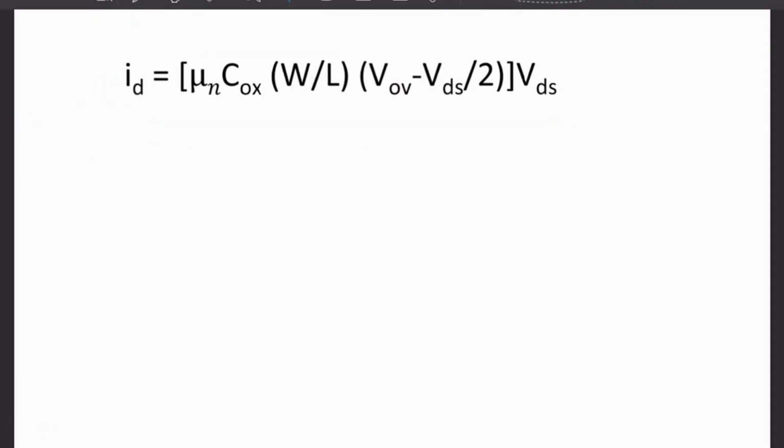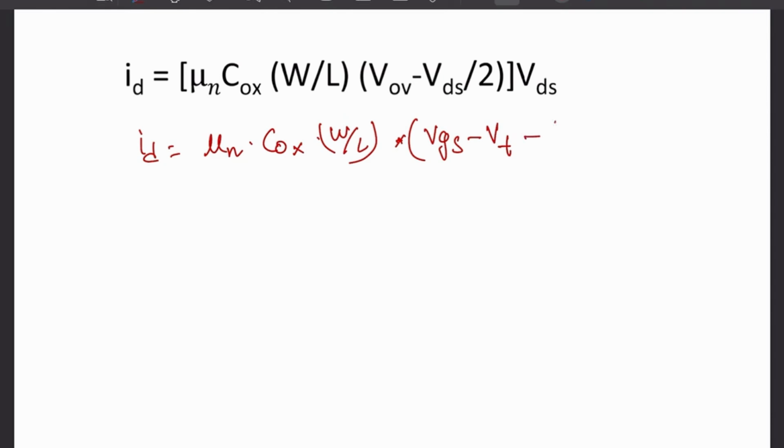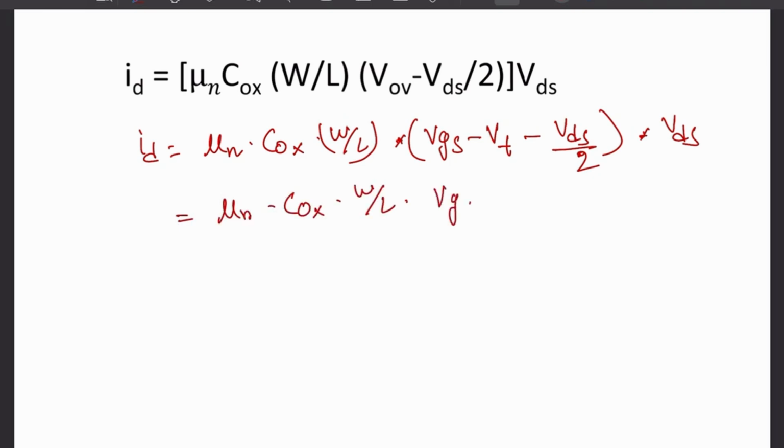Okay, so here ID is equal to mu n COX W by L, VOV is VGS minus VT, minus VDS divided by 2, multiplied by VDS. That is mu n COX W by L, VGS multiplied by VDS, minus VT multiplied by VDS, minus VDS square by 2.